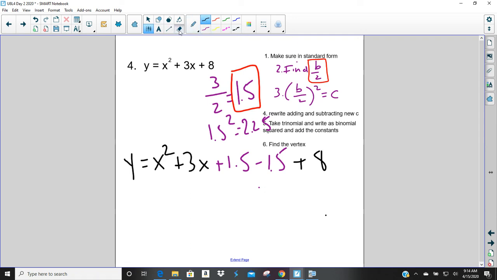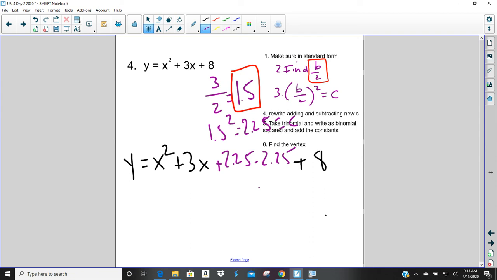Mrs. J, I'm glad you caught it before I finished up. I apologize. It's 2.25. Hopefully you guys saw that before you did that. I apologize. This is the new c. See, I didn't even write it. I ran out of room, that's why I was being sloppy and quick. The new c is 2.25, so that's what I write down there. Plus 2.25 minus 2.25. Everyone okay with that?